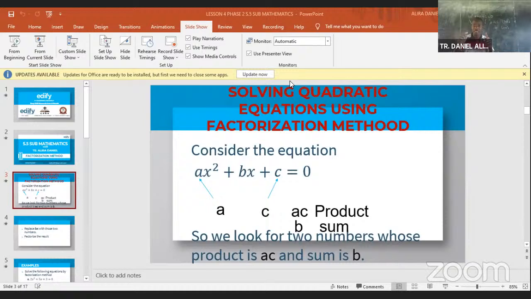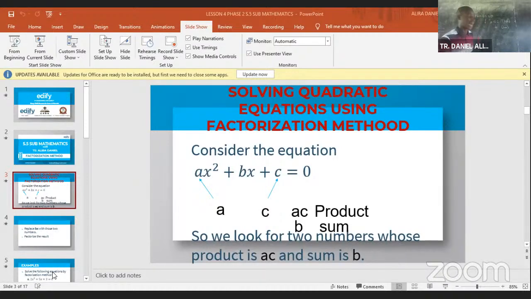When you multiply them, you get ac, and when you add those two numbers, you get b. Is that clear, members? So that's how we deal with b.